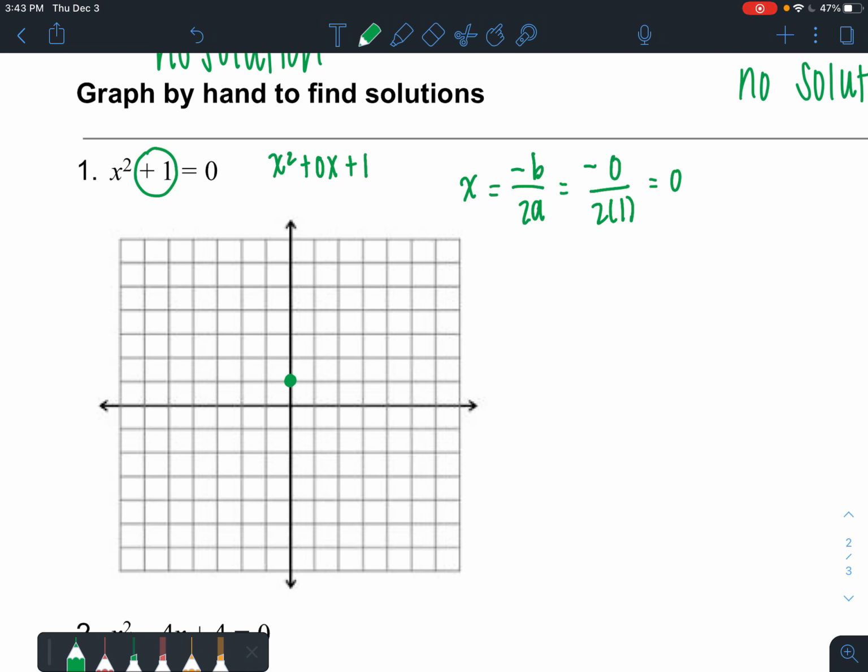We do have a slope of 1, so we want to go up 1 over 1 to get that point. Reflect it over the axis of symmetry, and there's our parabola. All right, as you can see, there's no intersection with the x-axis, so there's no solution.